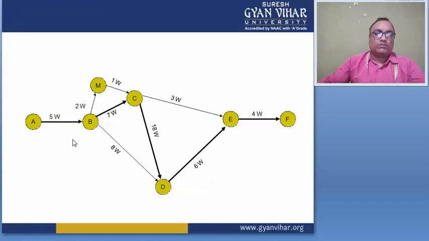And how to manage this? Suppose first we take the path A, B, M, C, E, F. This is one path for this case.